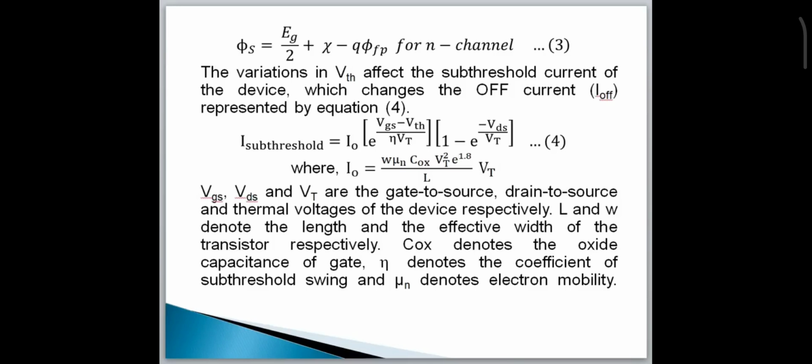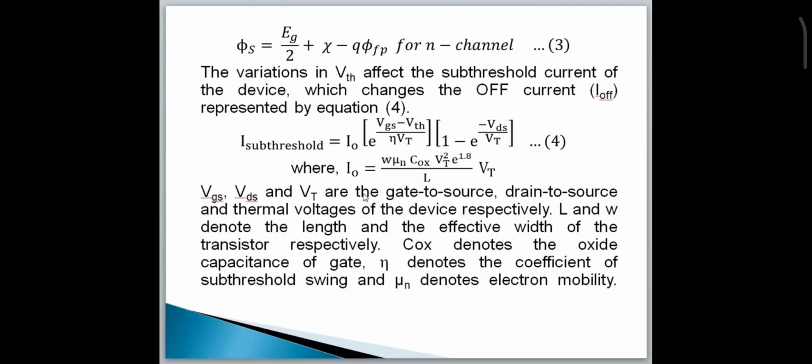The equation of the subthreshold current is I naught e to the power (VGS minus VTH) divided by eta VT, times (1 minus e to the power minus VDS by VT), in which I naught represents W by L, mobility of the electron, oxide capacitance, thermal voltage squared times e to the power minus 1.8, and VT is the thermal voltage.